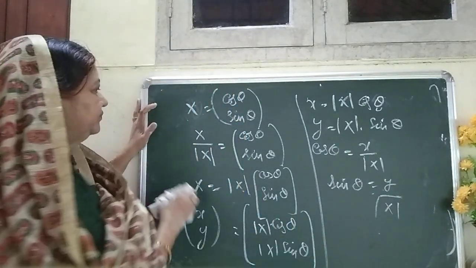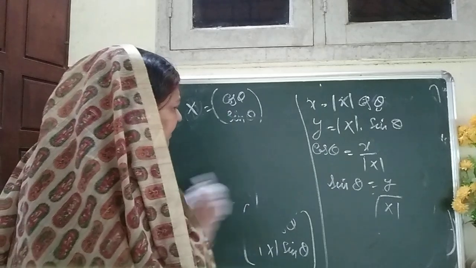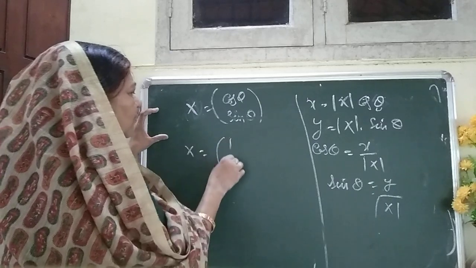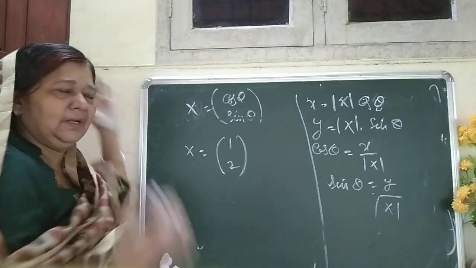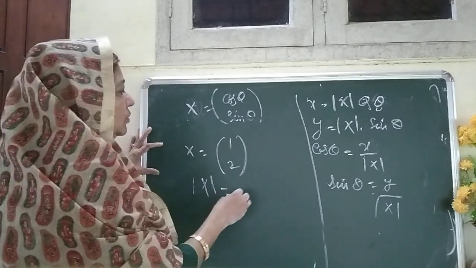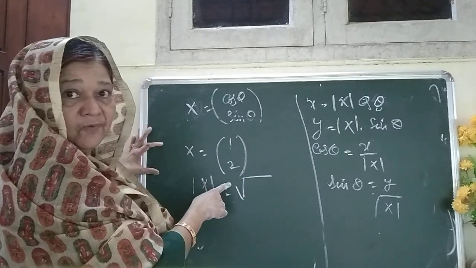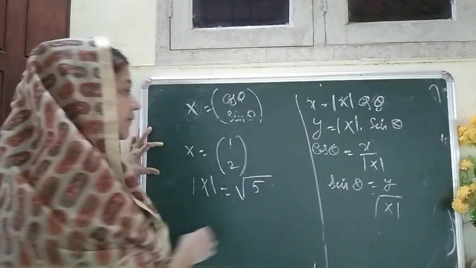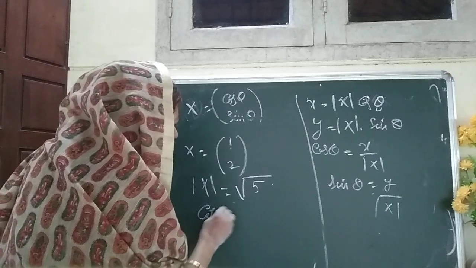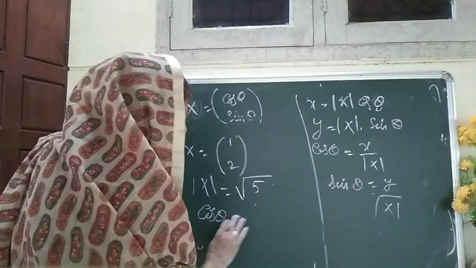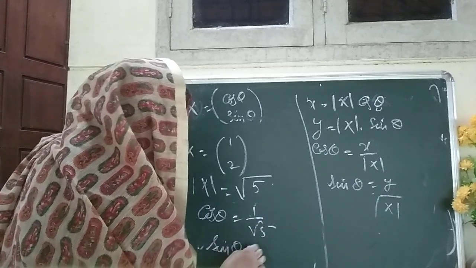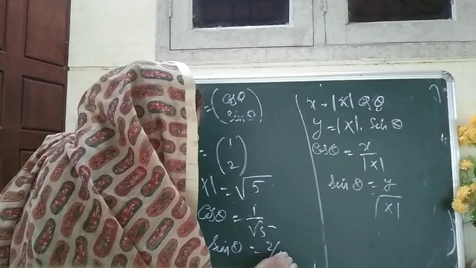For example, if we take say x equal to (1, 2), it is not a unit vector. But modulus of x equal to root of 1 plus 4, that is root 5. Then what is cos theta? Cos theta equal to x, x is 1, so 1 by root 5, and sin theta equal to y, y is 2, so 2 by root 5.